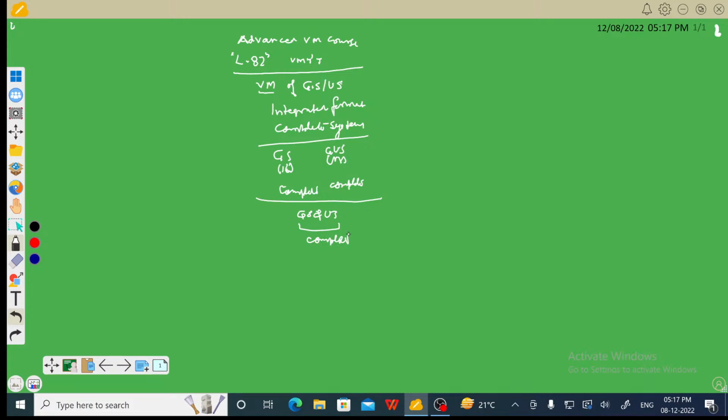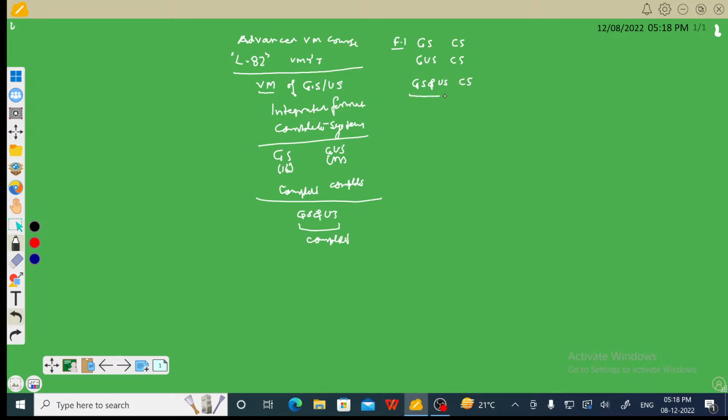This is feature number 1. Feature 1 is that Ganita Sutras make a complete system. Ganita Upsutras as well make a complete system. And Ganita Sutras and Upsutras together as well make a complete system.